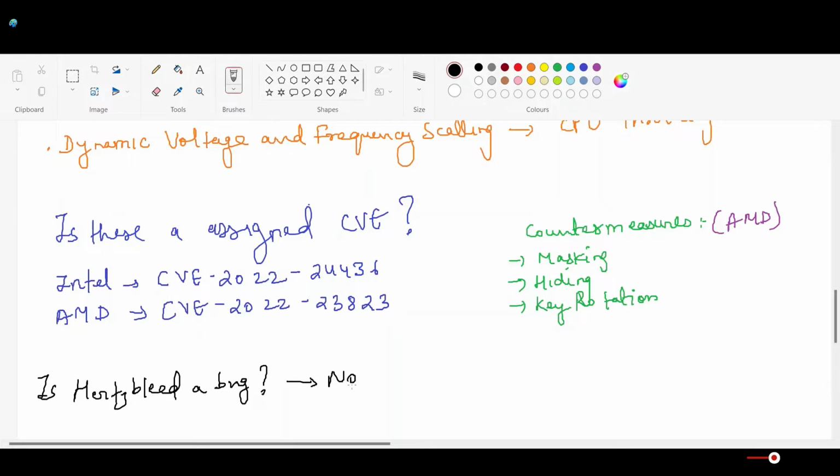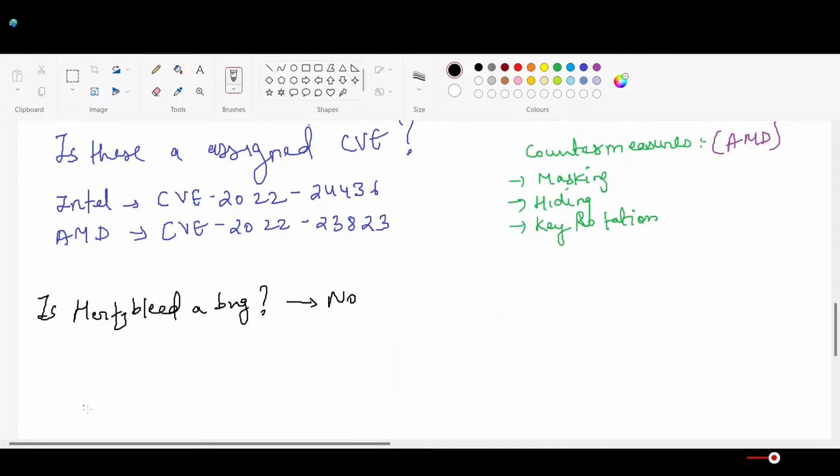Now, the next and final question will be: is there a workaround with respect to this particular attack?